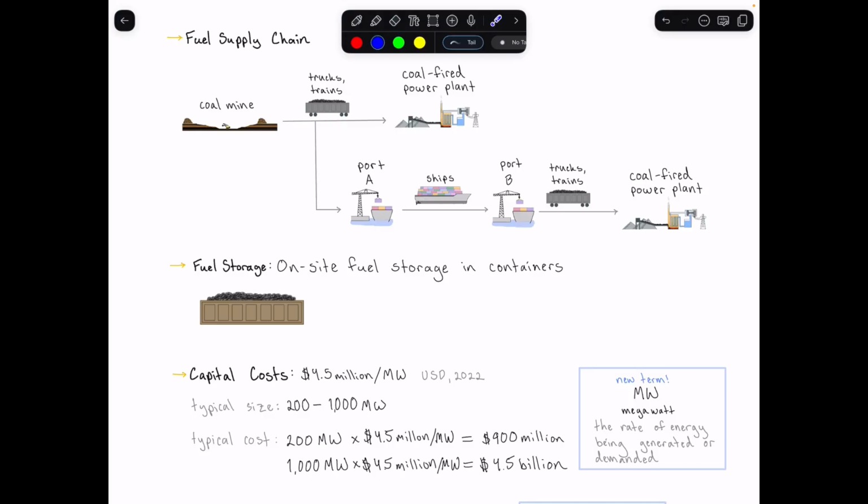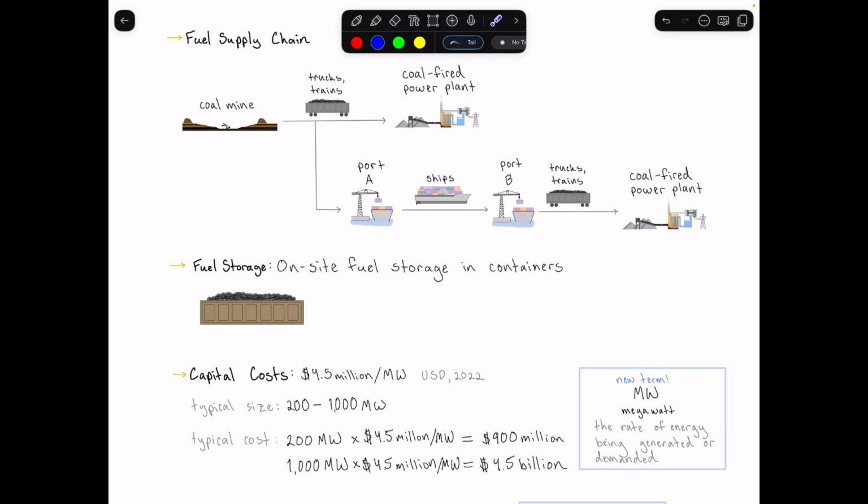So this data I got from a US report, in US dollars from 2022. It costs about $4.5 million per megawatt in the United States to build out a coal-fired power plant. And the typical size of these power plants is about 200 to 1,000 megawatts.